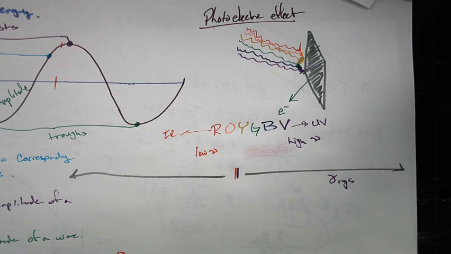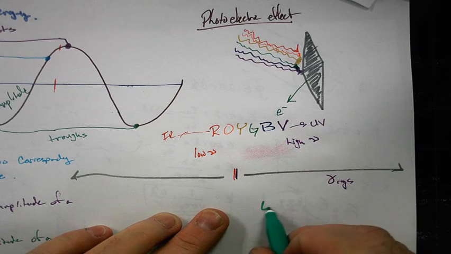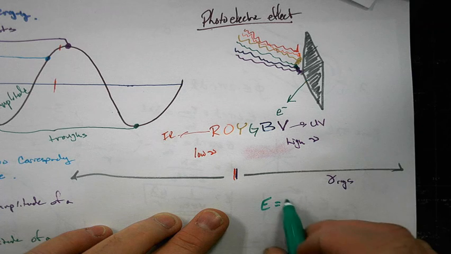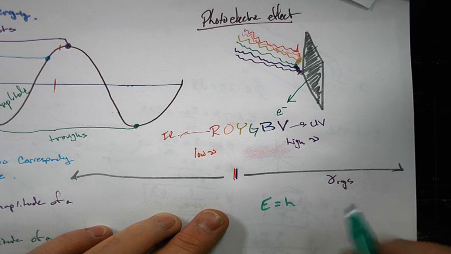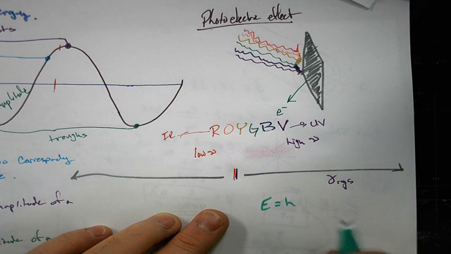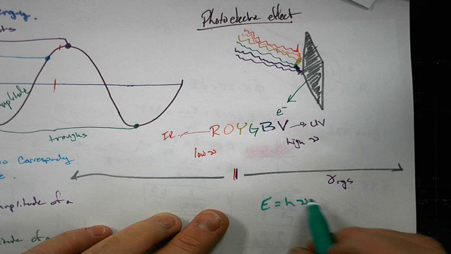The amount of energy is determined by this equation. The energy equals h, which is called Planck's constant, and I'm only referring to it because I think you're going to see it on your assignment today, times the frequency.